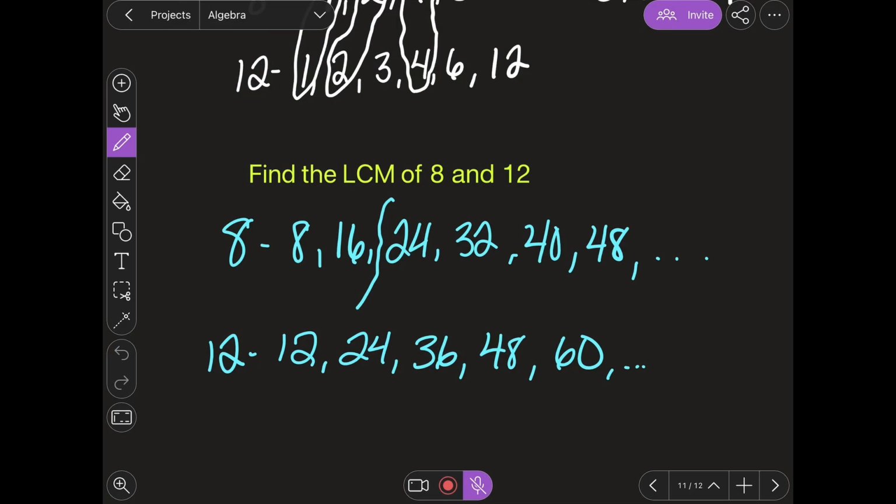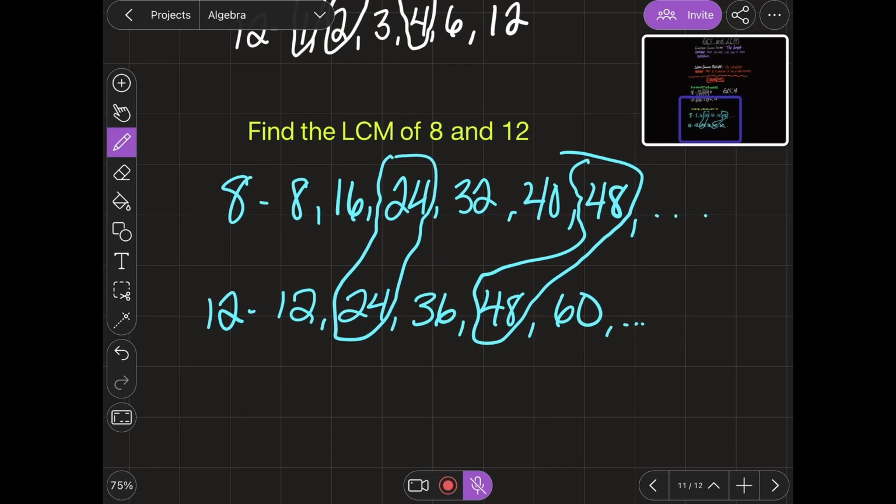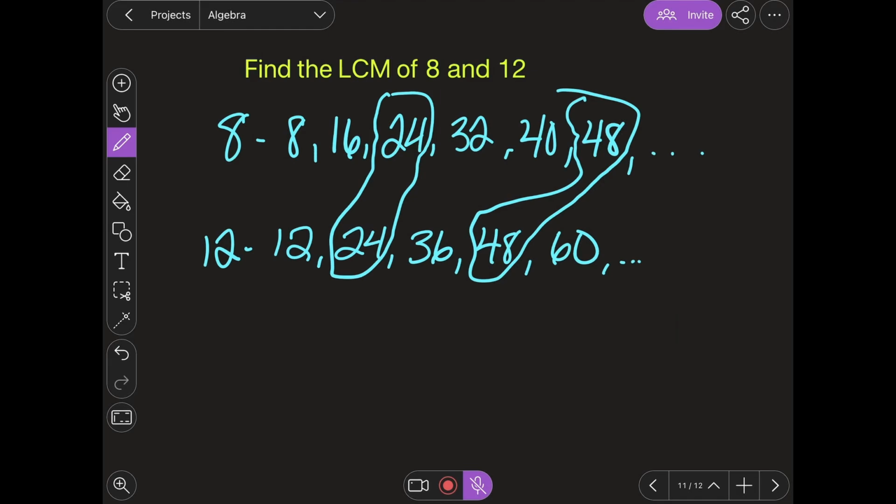So that's going to be 24, 48, and that's all I have listed. So now we're looking for the least number, or the smallest number, which is going to be 24 as our LCM.